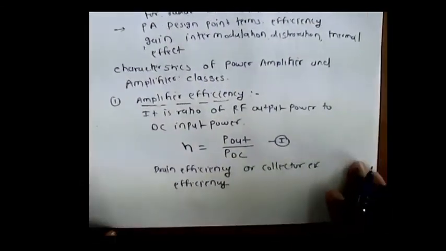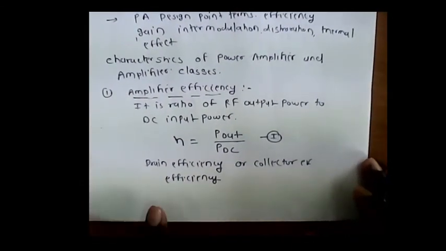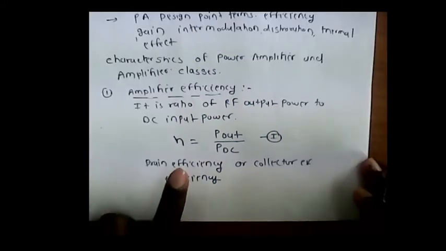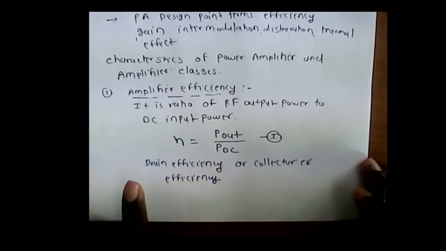So the first characteristic of amplifier design is amplifier efficiency. It is the ratio of RF output power to the DC input power, denoted by the letter eta, P_out divided by P_DC. It is also called drain efficiency or collector efficiency. That is to be remembered.